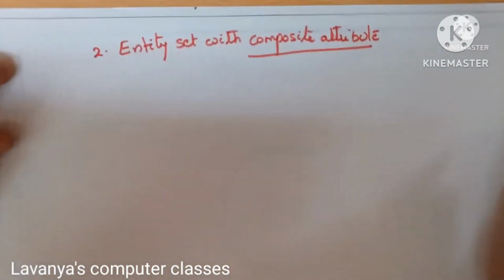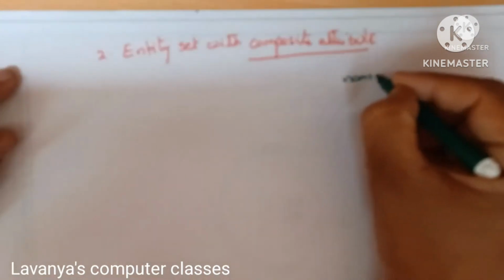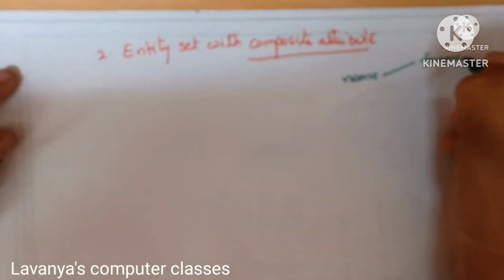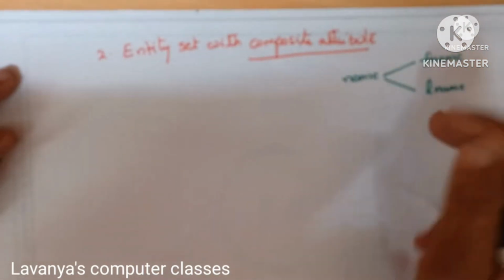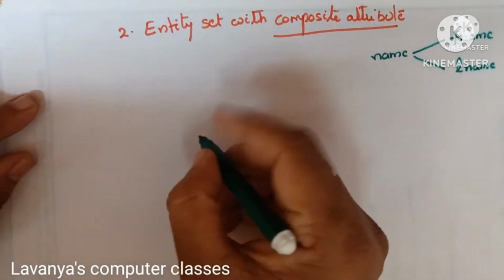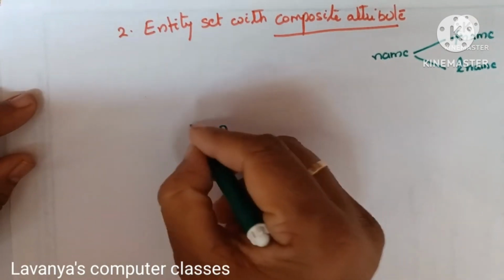Now how to convert into tables? What is the meaning of composite attribute? Any attribute that is possible to divide into subparts is known as a composite attribute. For example, name, student name or employee name, any name can be divided into some parts like first name and last name. It is known as a composite attribute.